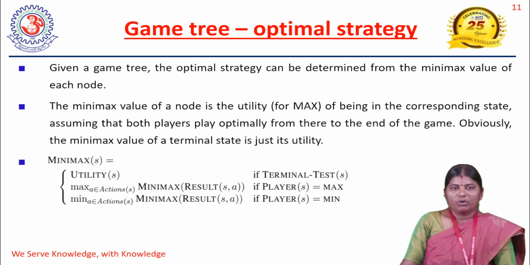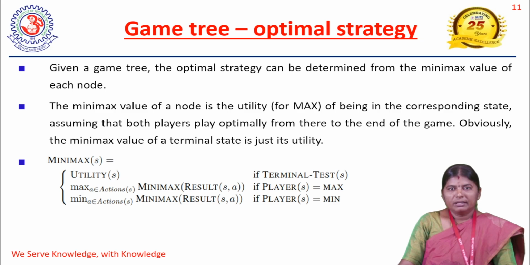The minimax value of a particular node can be found by passing the current state in and applying the formula. If the current state is a terminal state, then it returns the utility value of that corresponding leaf node.